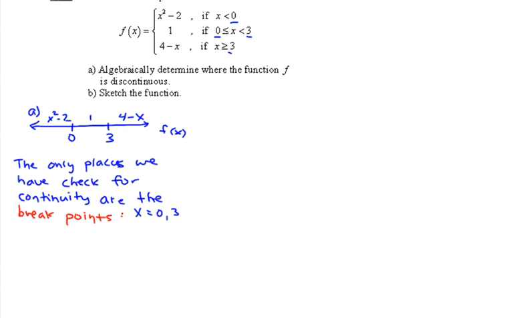For each one, we have 3 conditions to check. So we'll start with x equals 0. Condition 1, what's condition 1? Go back to your notes. The point has to exist. So we want to check what is f of 0. At 0, which equation is the graph, the first, second, or third?